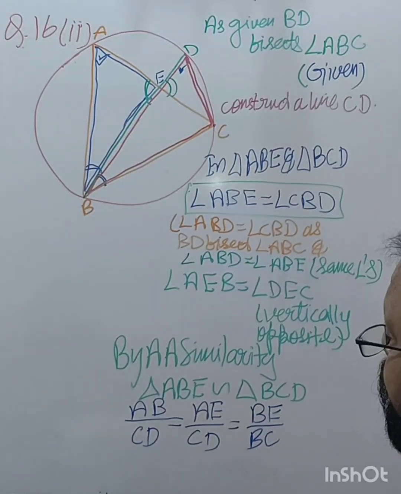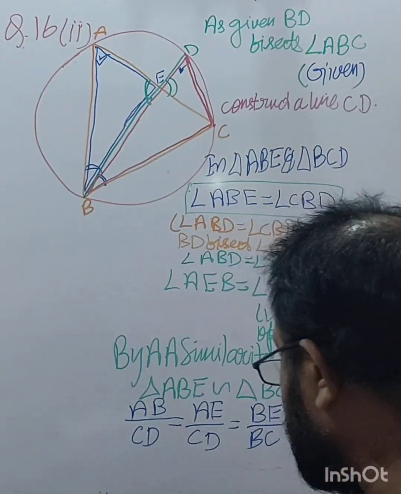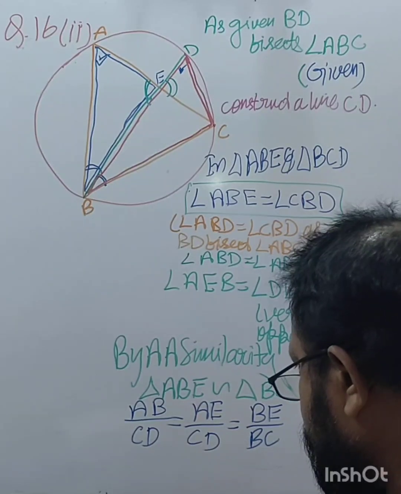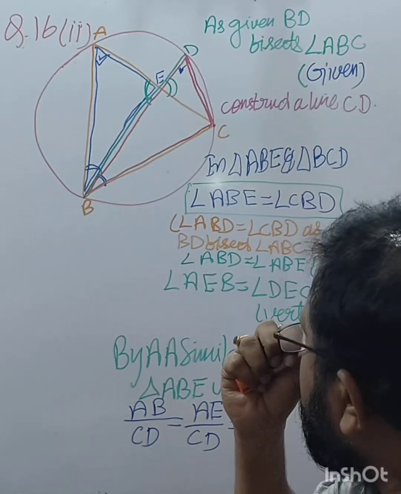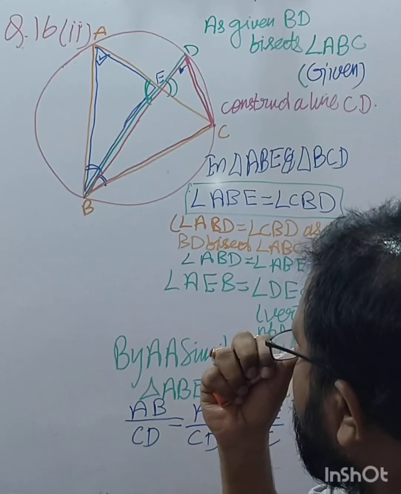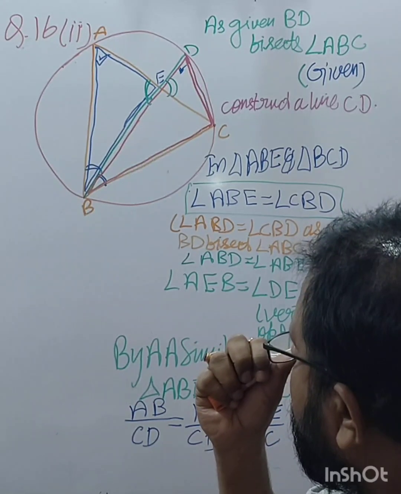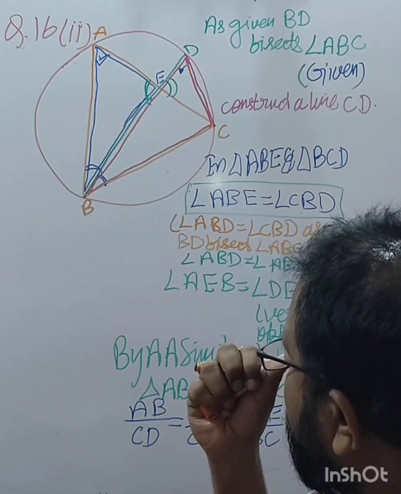What do you have to prove? AB upon BD is equal to BE upon BC.